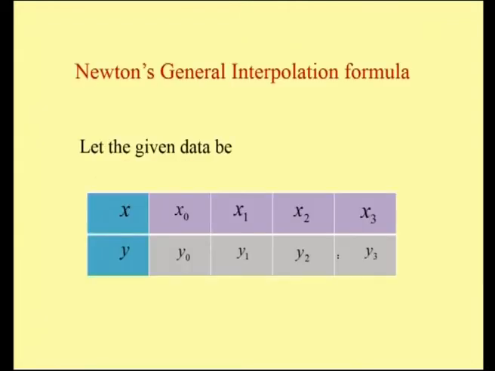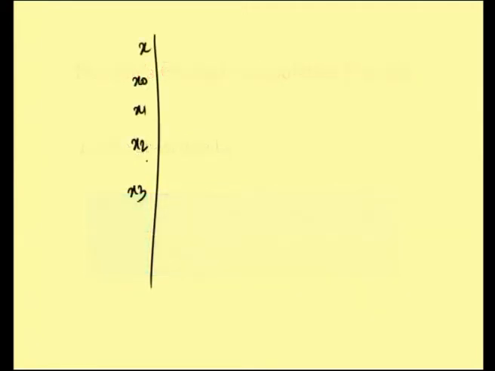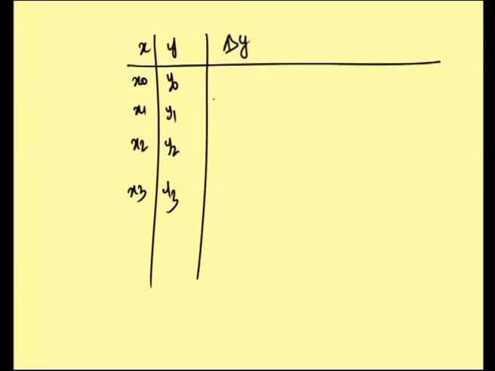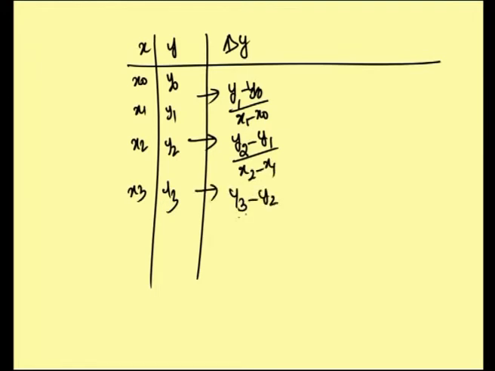Let us take the 4 values x0, x1, x2, x3, and corresponding y values y0, y1, y2, y3. Let us see how the table is constructed. Delta y is y1 minus y0 divided by x1 minus x0, and here this is y2 minus y1 divided by x2 minus x1, and here you have y3 minus y2 divided by x3 minus x2.